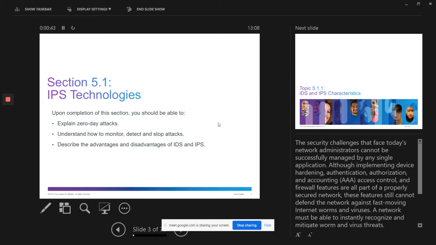When you talk about the security challenges that today's network administrators face, they cannot successfully manage them with a single application.